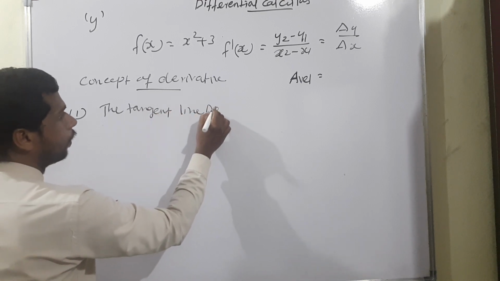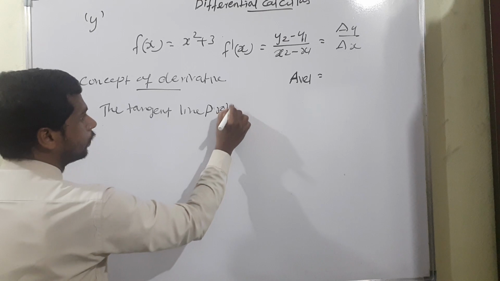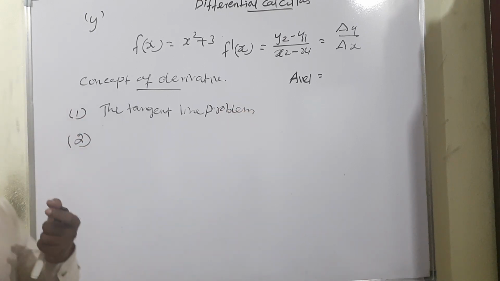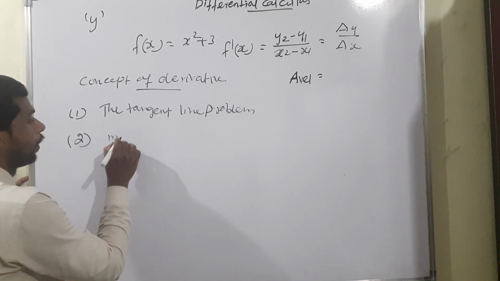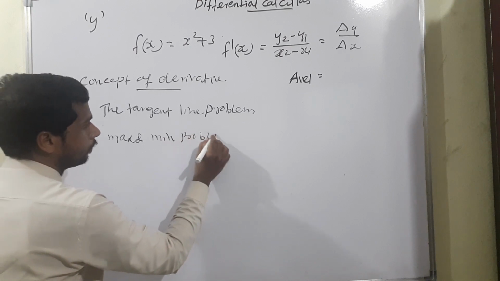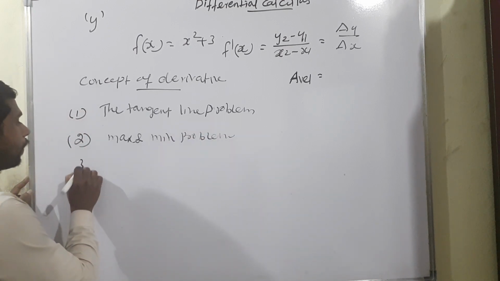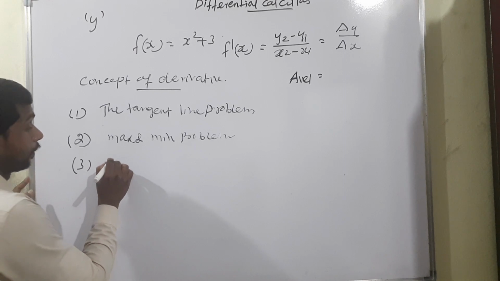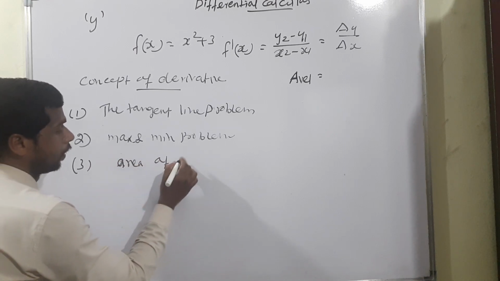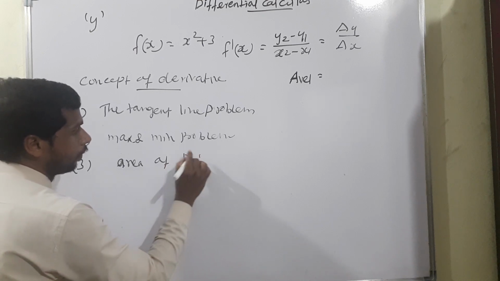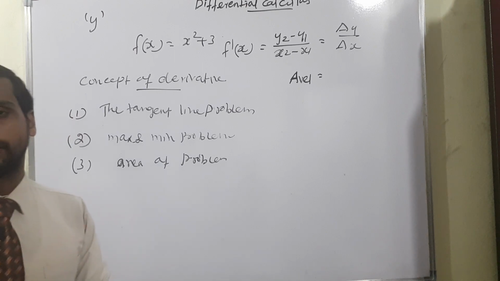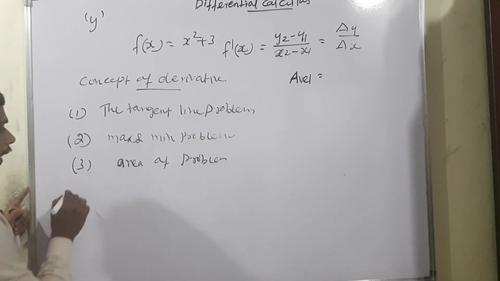Number 2, the maximum and minimum problem. Then the area problem. Then another one, the average velocity and acceleration problem.